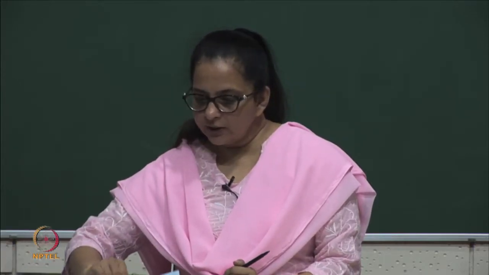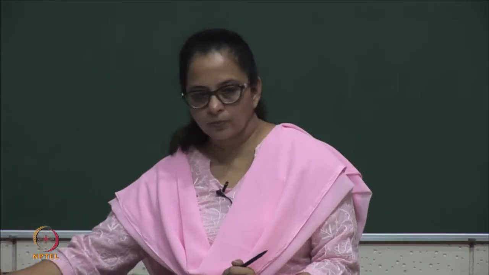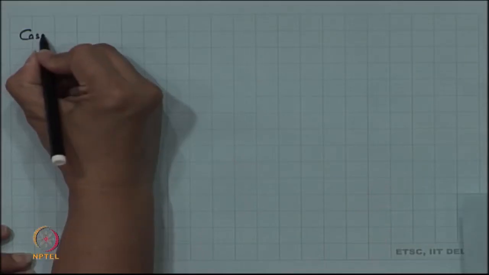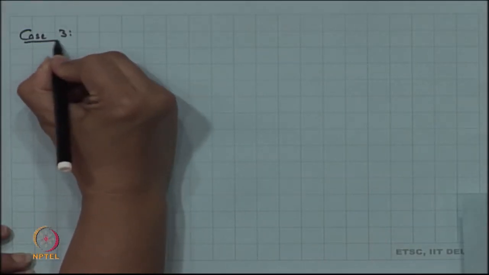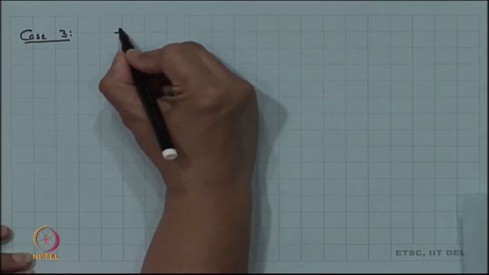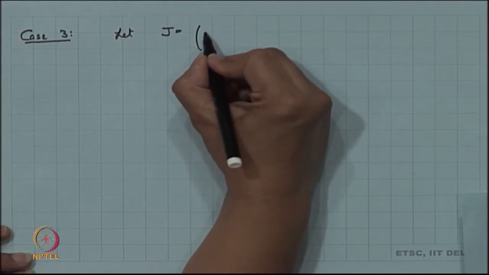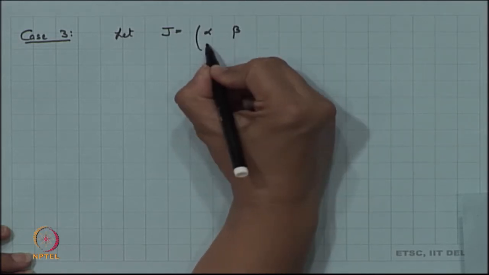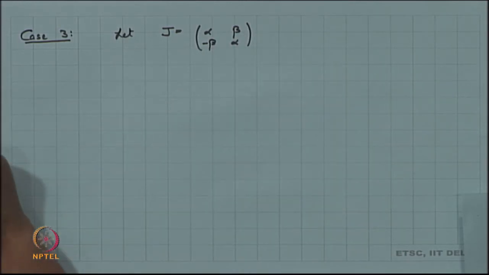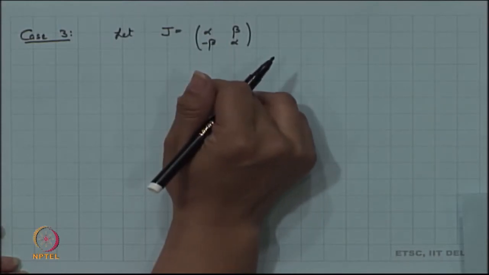So, let us look into the third case now. alpha beta minus beta alpha, this is what your J is. Now, we have already seen how we work with such J, right.